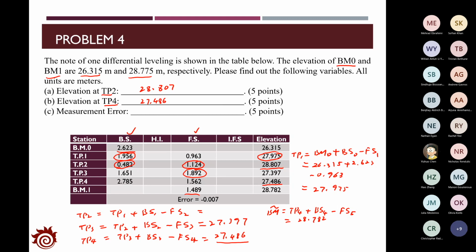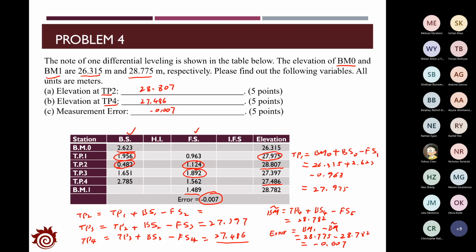So this is the estimated value, and the error will be the true value minus the estimated value. The true value is 28.775, and the estimated value is 28.782, which gives you the error as minus 0.007, which would be the value you have to present here.